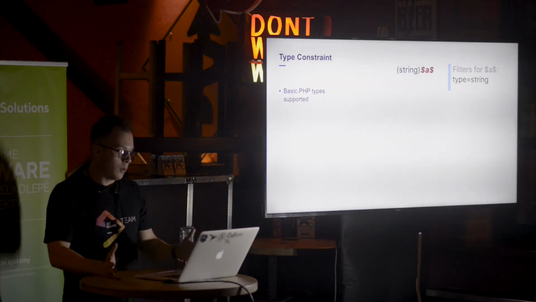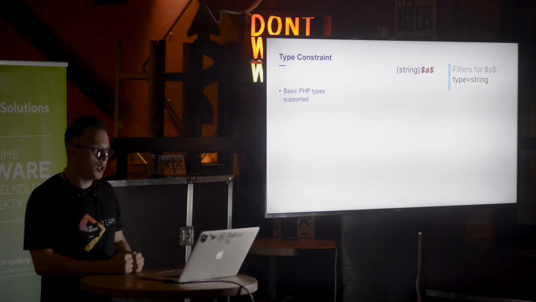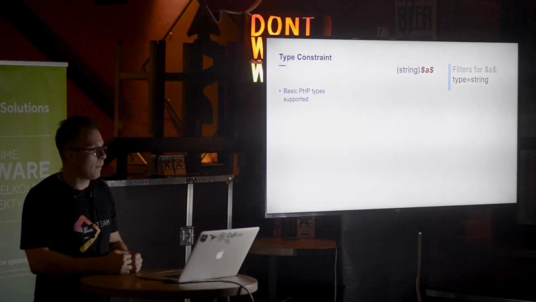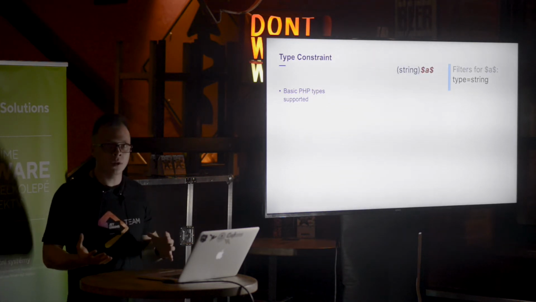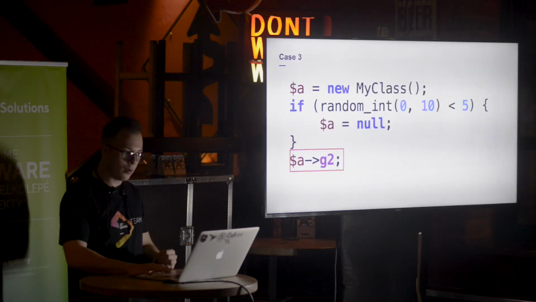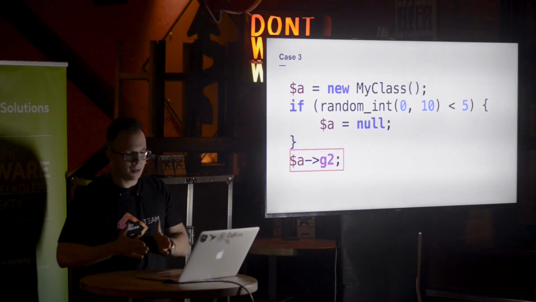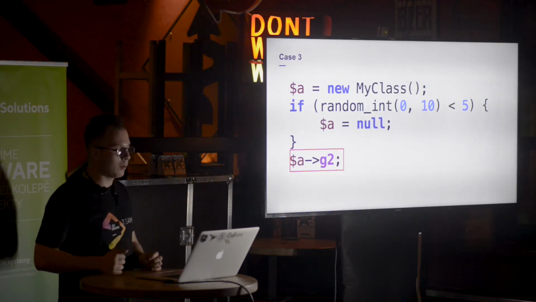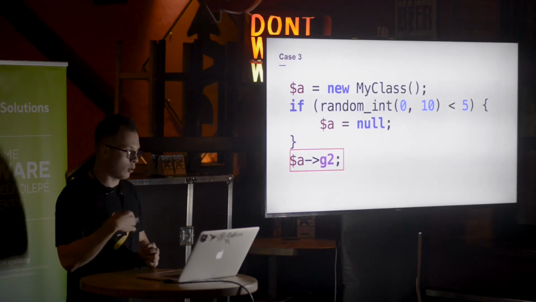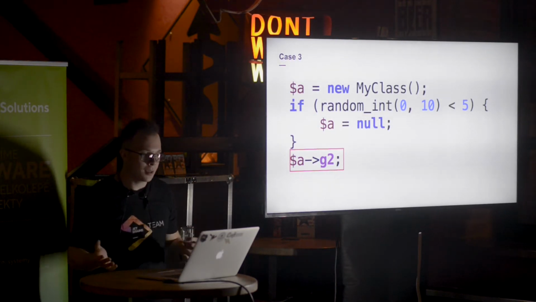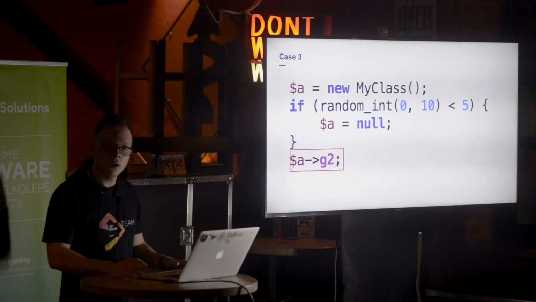First things first, PHPStorm keeps, for each expression, a possible set of types the expression could have. So for the previous example, we will keep MyClass and null. If we assign inside the if not null but any other instance, we will keep the set of such types.